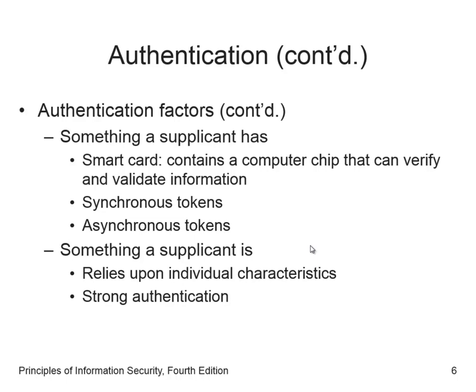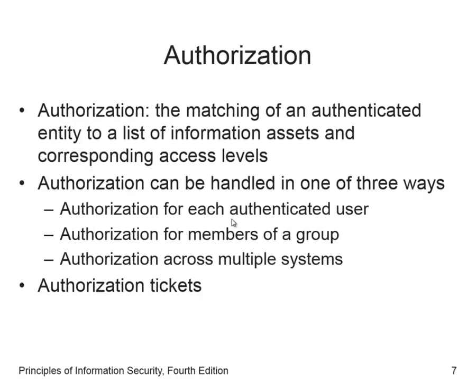The token and the server clock, the two clocks, must be synchronized to the same time base. The other token is called asynchronous, which generates a one-time password the same as the synchronous, but doesn't use time synchronization between the token and authentication server. It doesn't need that.